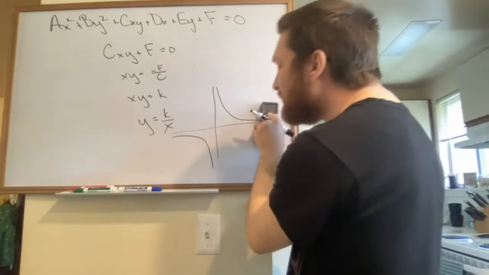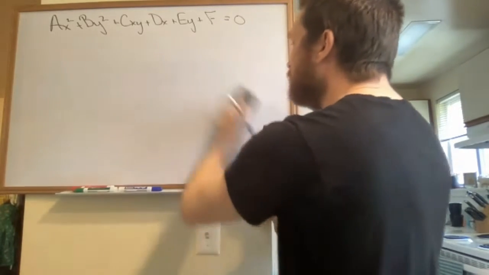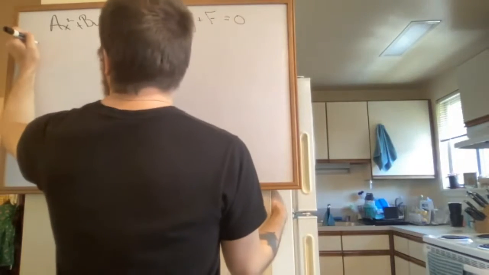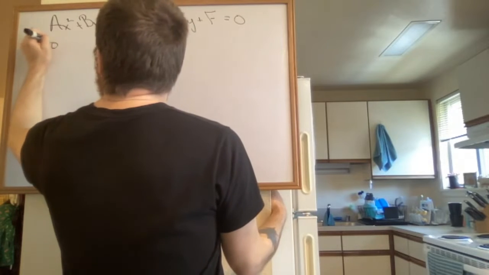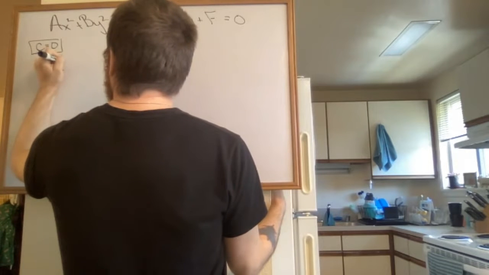To finish this up, the last type of thing that we're going to deal with is the special case where C is equal to 0, which we've talked about before. But then we said there's a special case of the special case, and that is the following.